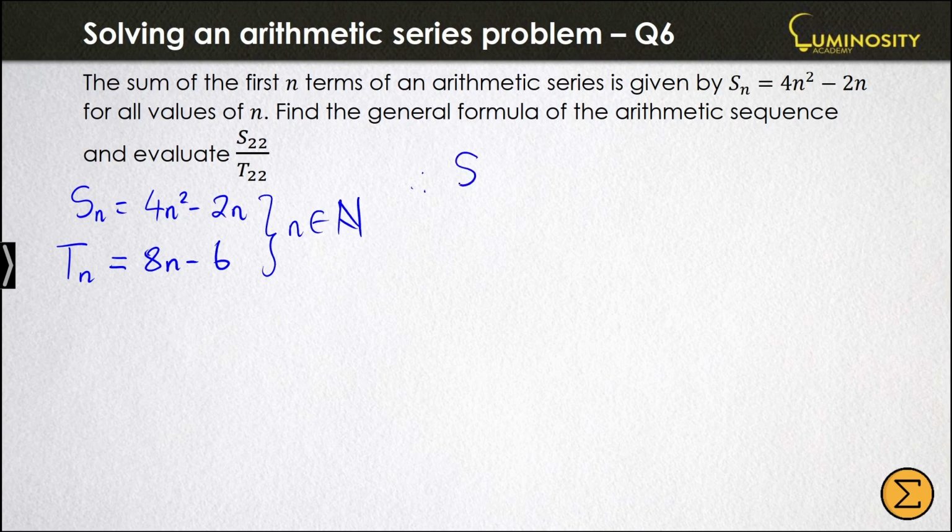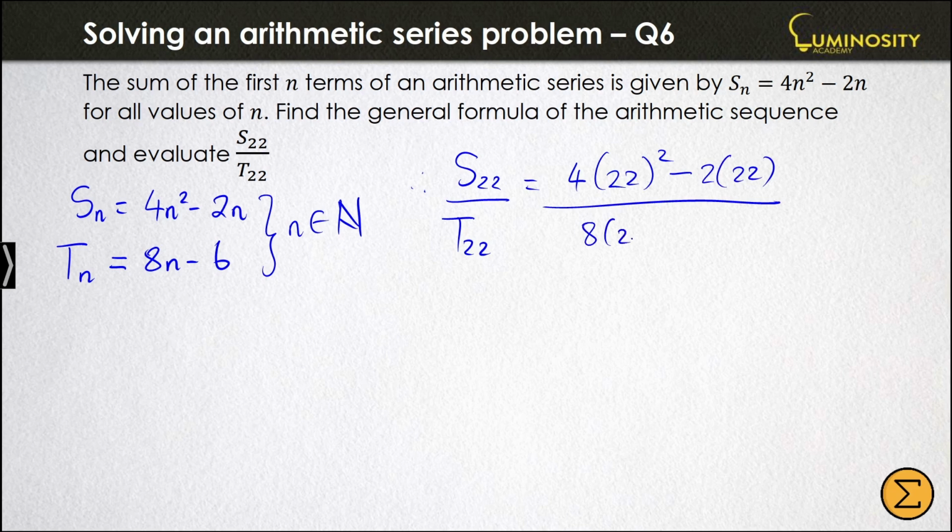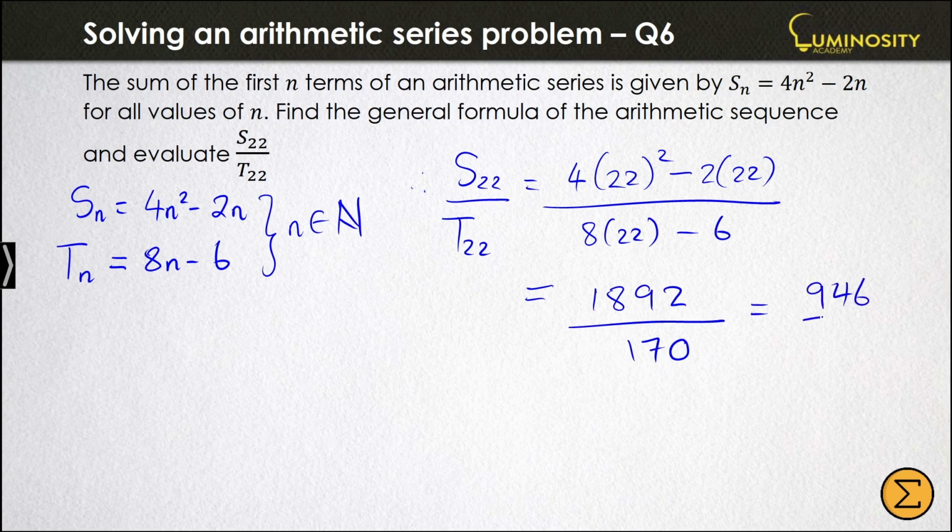So therefore S22 divided by T22 is 4 times 22 squared minus 2 times 22, all over 8 times 22 minus 6. On your calculator, you'll get 1,892 in the numerator and 170 in the denominator, and that simplifies down to 946 over 85. That'll be the final solution for S22 divided by T22.